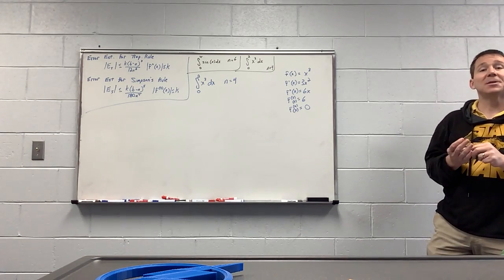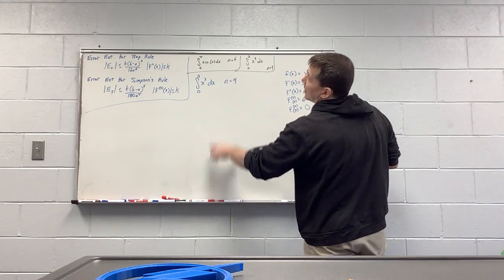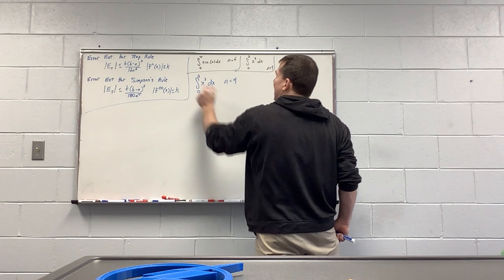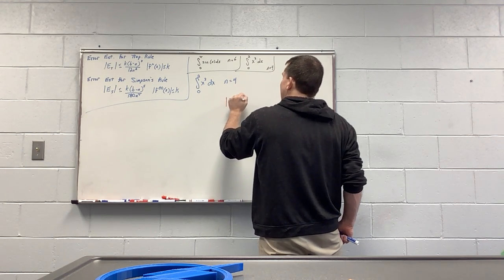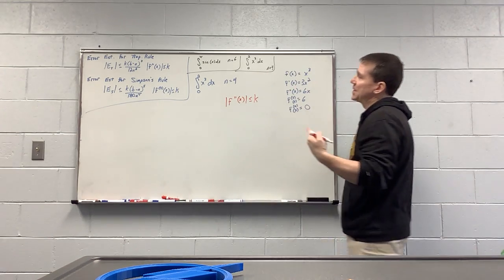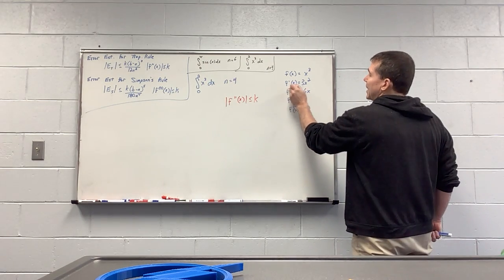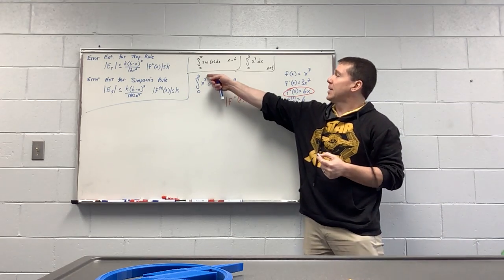So now I have my derivatives, and the way this works is, for the trapezoidal rule, I have to find a k such that the absolute value of the second derivative is less than or equal to k for all x's in the interval that I care about, in this case 0 to 2. So I look at my second derivative, 6x, and now I look at this interval.